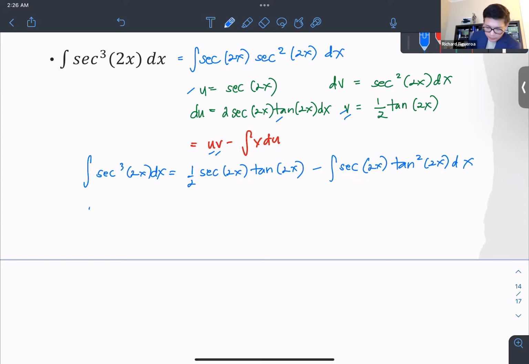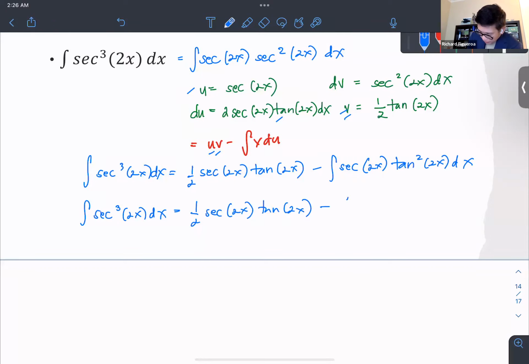The identity will be, so I'll just rewrite the original integrand. So 1/2 secant 2x tangent 2x, and minus secant 2x. Tangent squared has an identity, that is secant squared 2x minus 1, and dx.